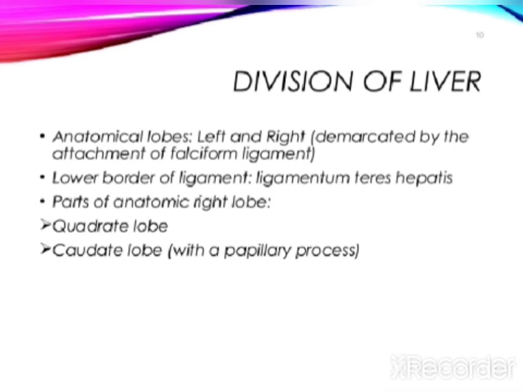It contributes to all the surfaces of the liver and presents the caudate and quadrate lobes. The caudate lobe is situated on the posterior surface. So these are the quadrate lobe and caudate lobe.